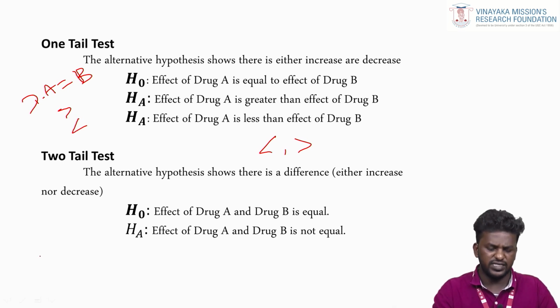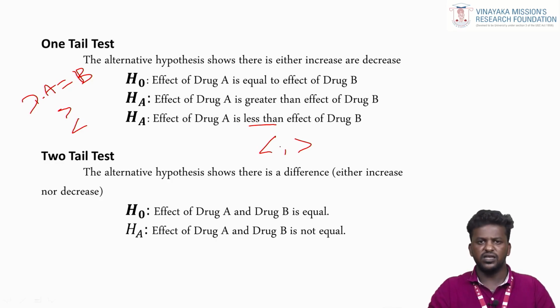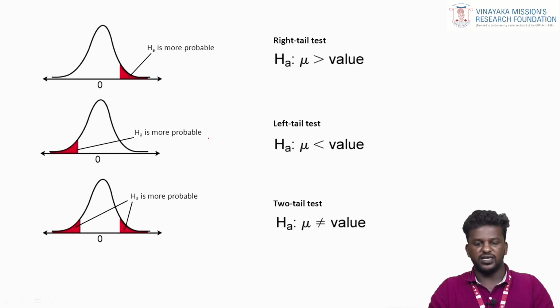So the rejection region is placed based on our alternative hypothesis, and it contains one tail. Less than means the rejection region is placed on the left side of the normal distribution, right? Suppose our alternative hypothesis is greater than, that means the rejection region is placed on the right side of the distribution, right? So see that example.